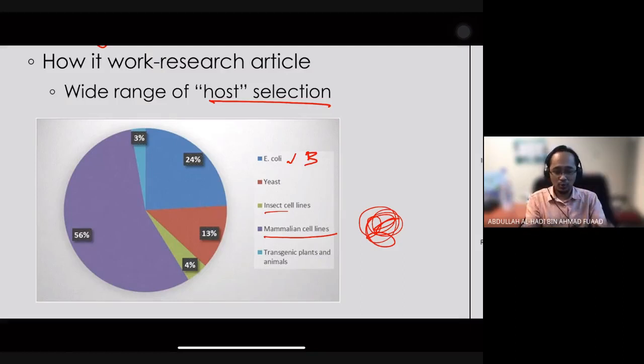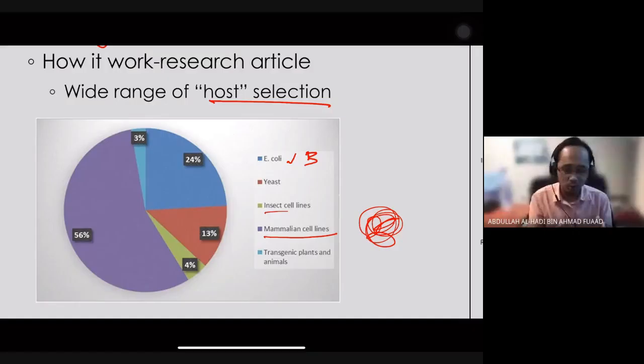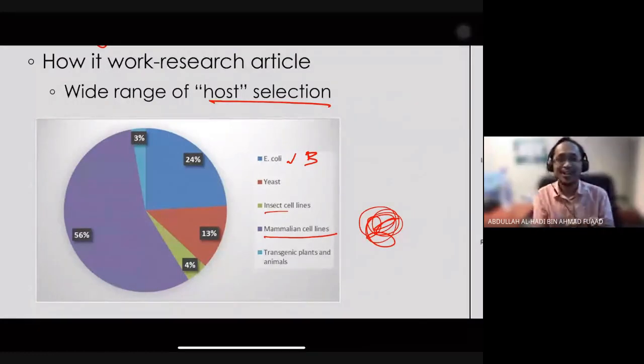So there's a lot of post-translational modification that can occur. You have a few options.